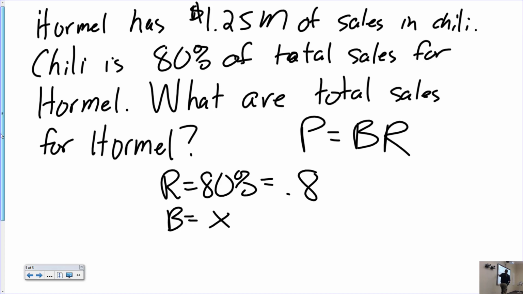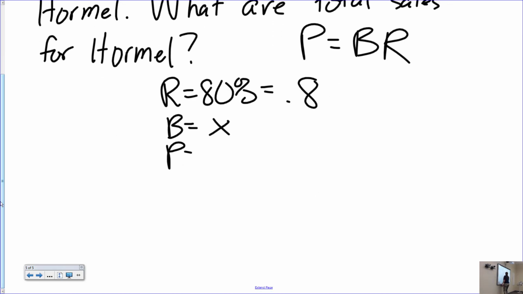So then, by default, there's only one number left. That's got to be the portion. And then you think about it for a second and say, oh yeah, chili is only a portion of what they make, because we now know they make canned beans, although honestly I didn't know that. Now we can take these three values, plug them into our variable, and do the algebra to solve.